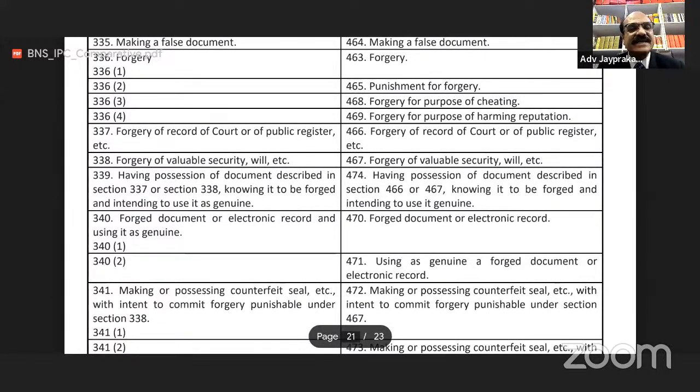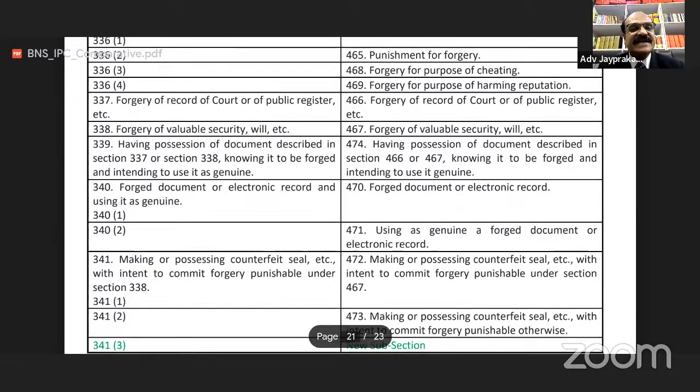BNS section 338, forgery of valuable security, will, etc.; its corresponding section was IPC 467. BNS section 339, having possession of a document described in section 337 or 338, knowing it to be forged and intending to use it as genuine; its corresponding section was IPC 474.